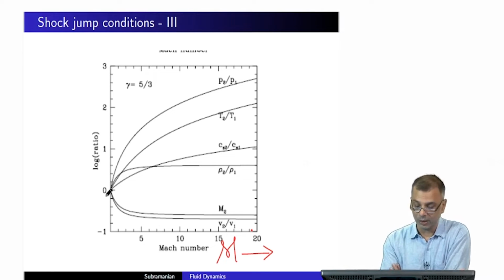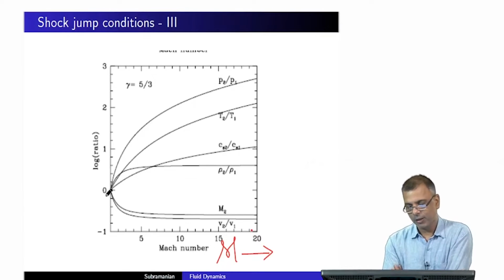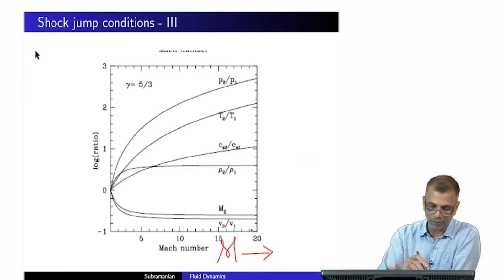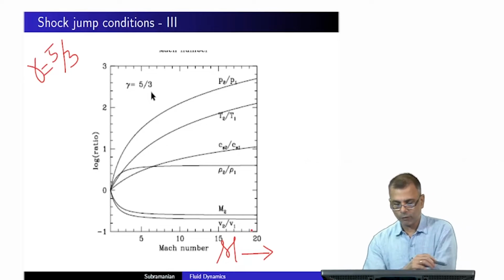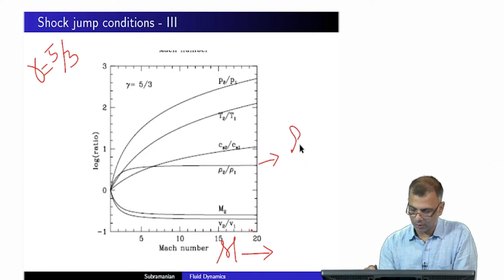What are the main things to be noted here? This is a rather busy graph, and in this particular case we have taken gamma to be equal to 5/3. It need not be the case; you can take gamma to be any other number, but this particular graph is plotted with gamma equals 5/3. So let us first look at the density jump. This curve represents rho 2 over rho 1. What does this show?